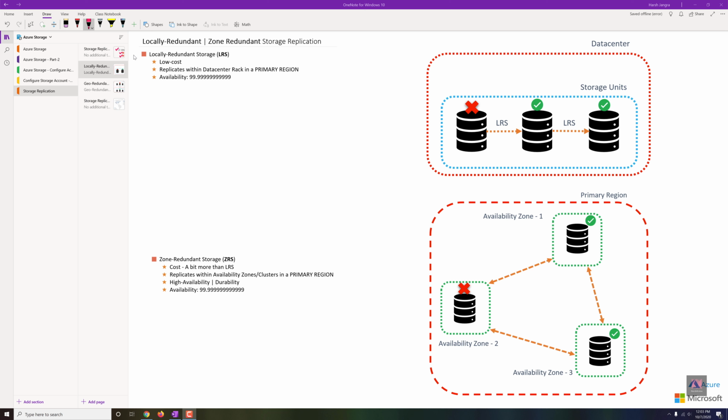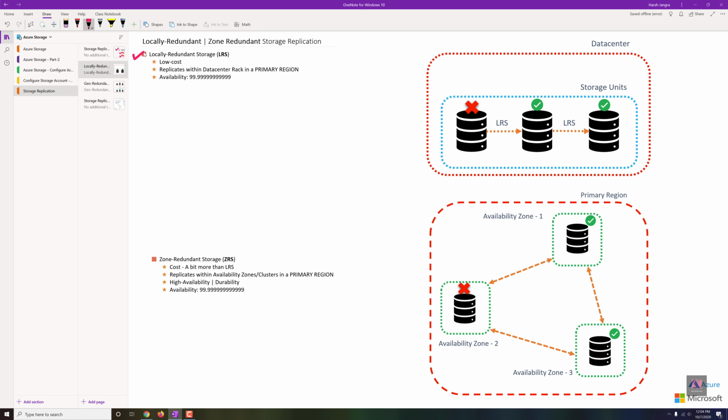Because as compared to all other available solutions from Azure Storage, especially in terms of storage replication type, LRS can give you the cheapest price to store your data in Azure. So this is the only advantage, because all other advantages like high availability or, you can say, disaster recovery situations, locally redundant storage is not going to help you in that situation.